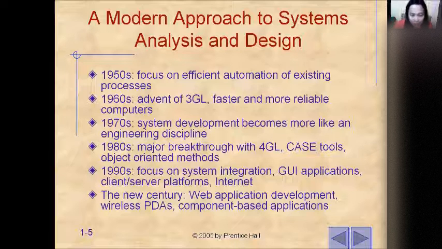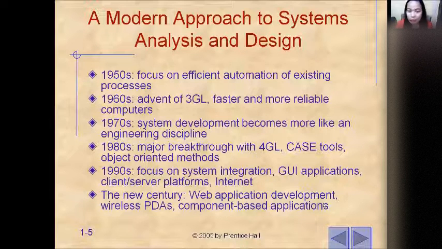Let me give you a brief history about the development or the modern approaches in system analysis and design. In the year 1950, the focus was on efficient automation of existing processes. Then 1960, this is the year of the 3GL. When you say 3GL, it means third generation languages.